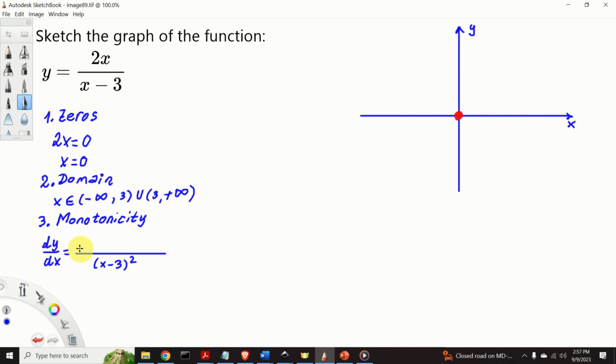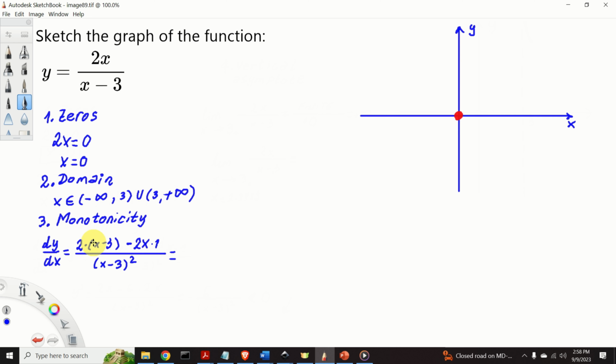And let's see what do we have in the numerator. We have the first derivative of 2x. We have 2 multiplying x minus 3. Then we have a minus sign multiplying 2x. And over here we need to take the derivative of this expression. Obviously the derivative is 1.